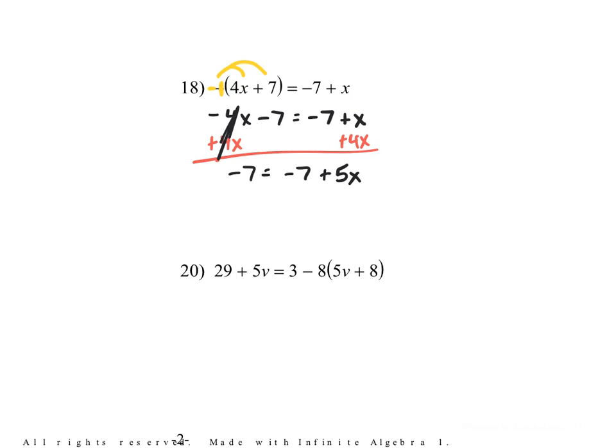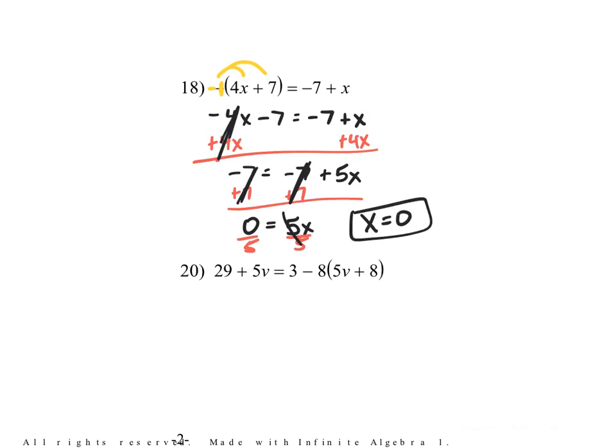Next step is I want to get the 5x by itself. So I would add 7 to both sides. Well, 7 plus -7 is going to be 0. So 0 is equal to 5x. Then to get x by itself, you would undo multiplying by 5, which means you would divide by 5. And you'd end up getting x is equal to 0.